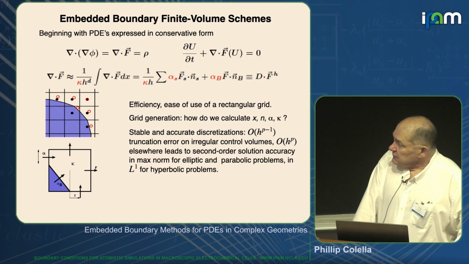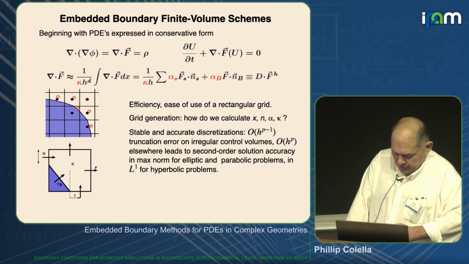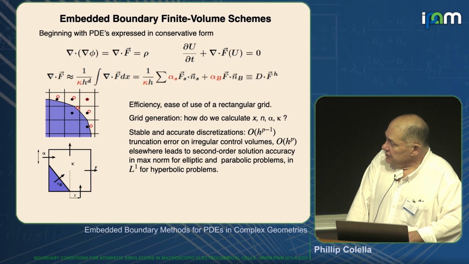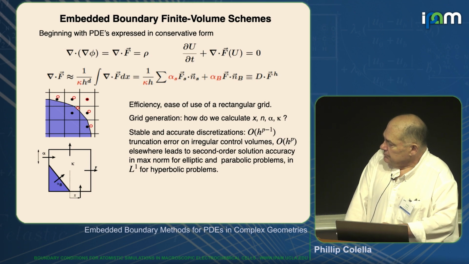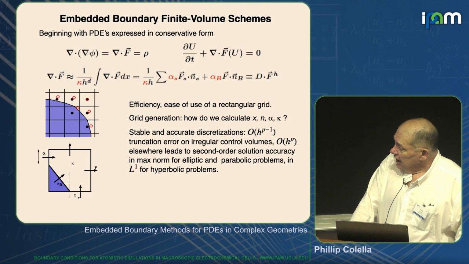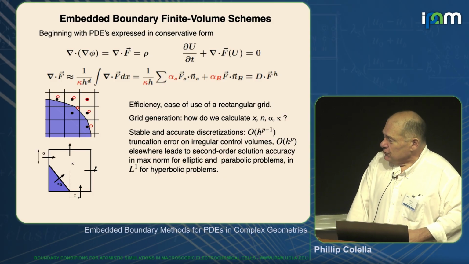Okay, so how do we go about doing this? Here we have, again, our two canonical equations, Poisson and some hyperbolic system. So what does it mean to apply the divergence theorem over an irregular control volume?